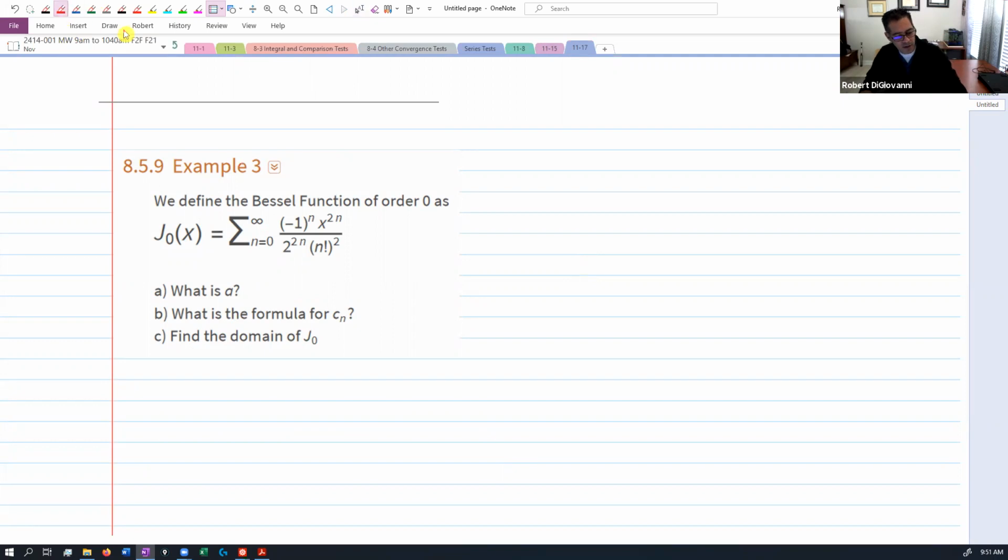So I would recommend you look at it like this: (-1)^n over 2^(2n) times (n factorial) squared, times x^(2n), with n starting at 0 here.